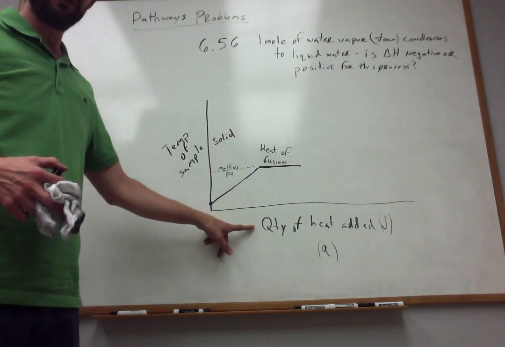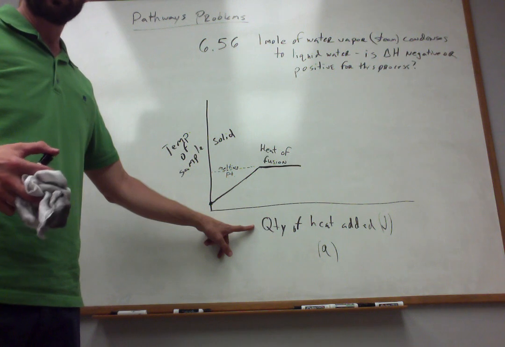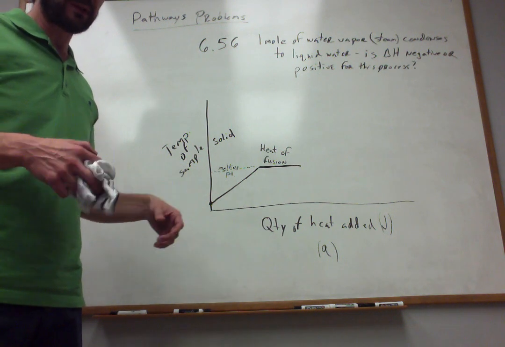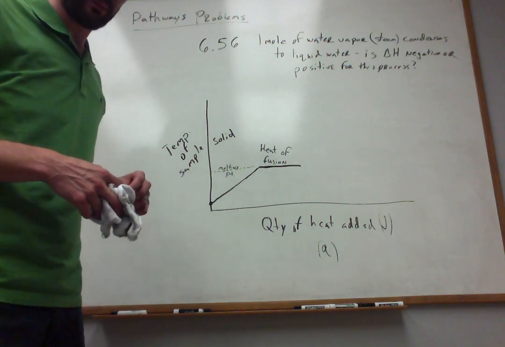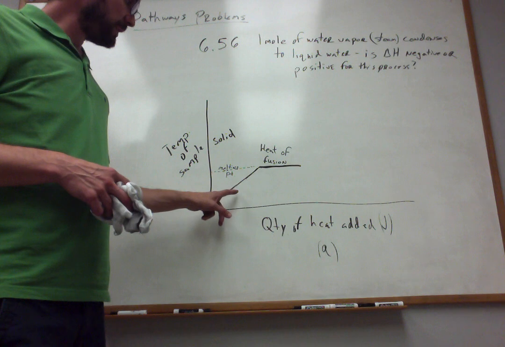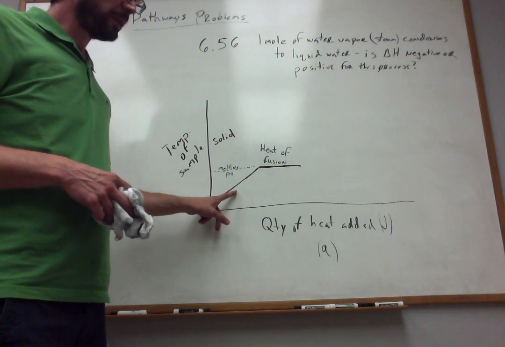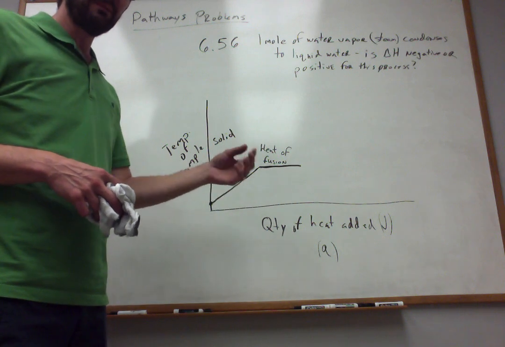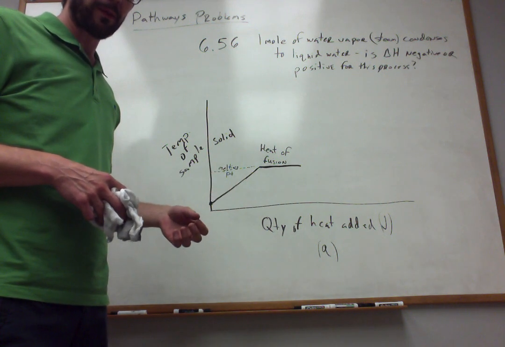It turns out that phase changes might require an energy input to occur. It depends on what direction you're going. More on that here in a little bit, okay? In this particular case, the conversion of the solid into the liquid form, which is going to exist over here, requires an input of energy. It's an endothermic process.